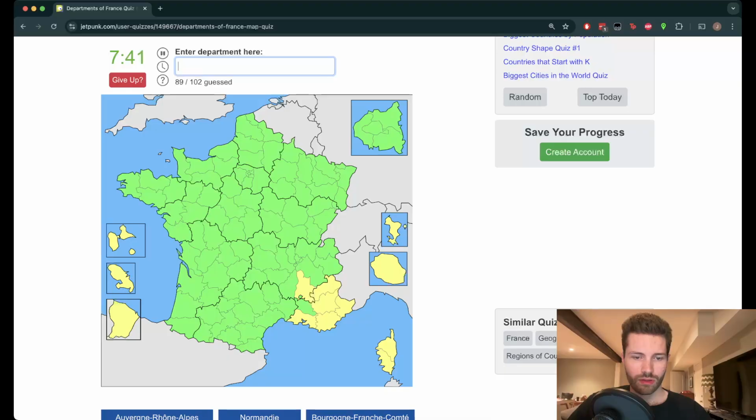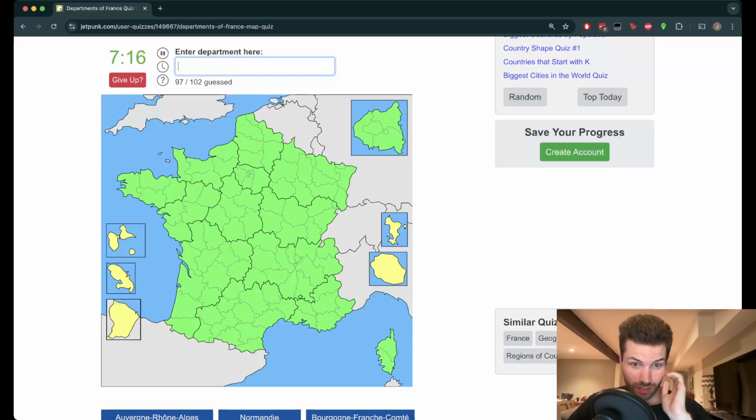Let's go with Bouches-du-Rhône, Var, Alpes-Maritimes, Alpes-de-Haute-Provence, it just gives me Alpes de Haut, I don't know why. Again, I need to just stop questioning Jetpunk's methods. Hautes-Alpes, Drôme, and then Haute-Corse, Corse-du-Sud.